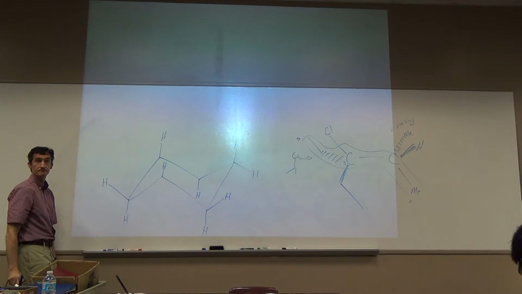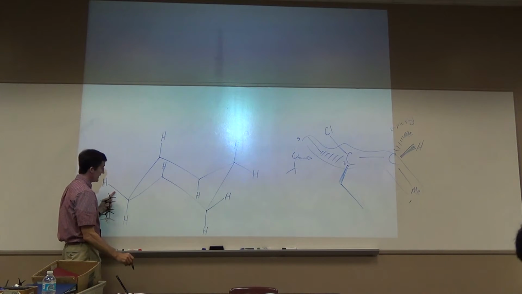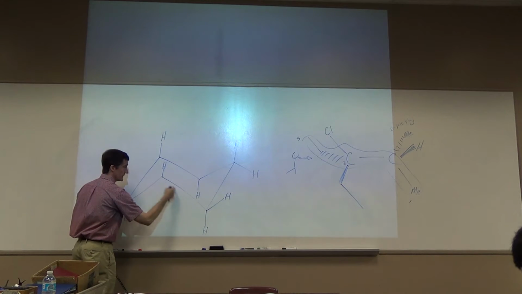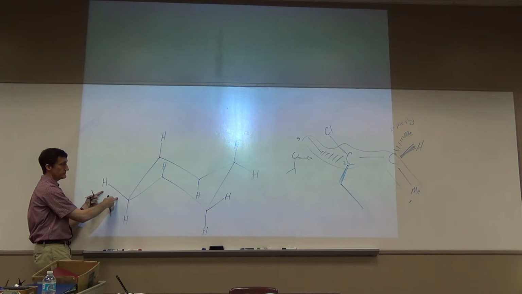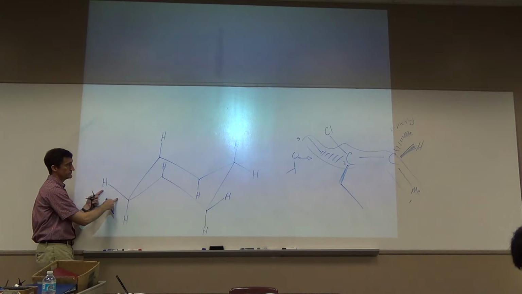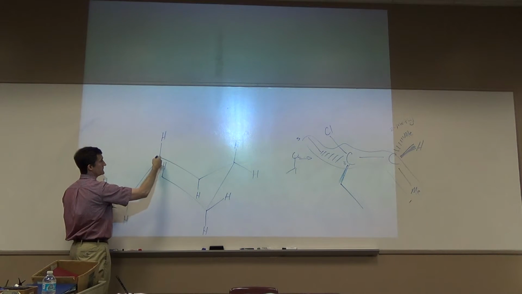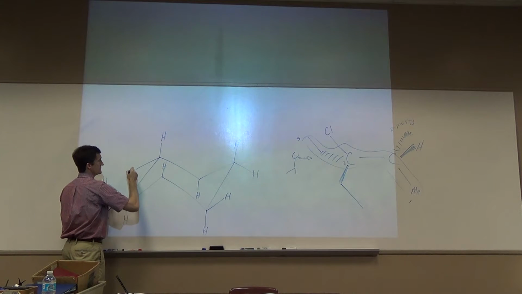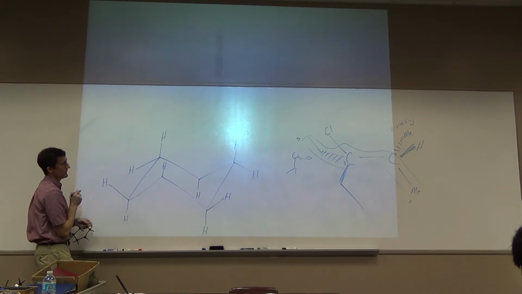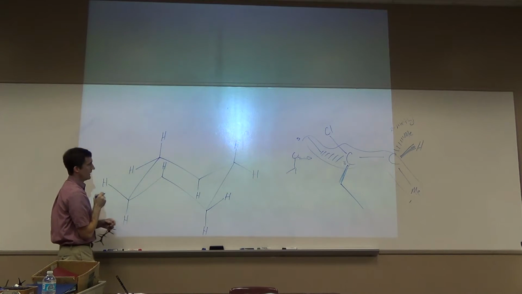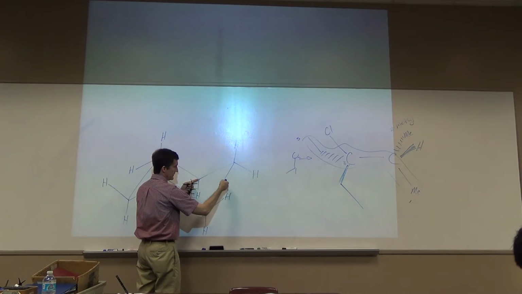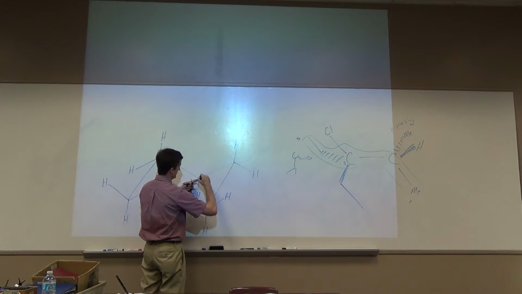Okay? Yes. That's parallel, not to the first carbon-carbon bond, but the next one. See how that's parallel to that? This one, not parallel to the first one, but the next one, so it's parallel to that. And this guy, not parallel to that, but parallel to that one.